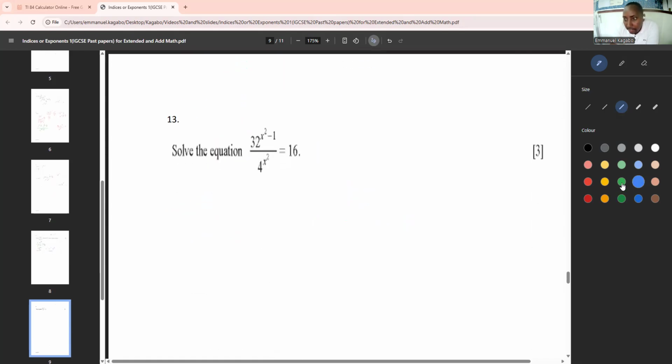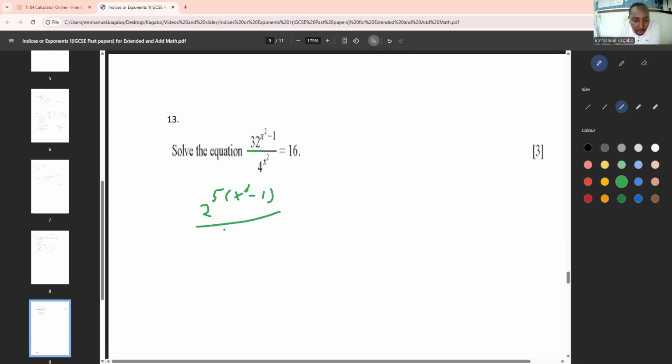Very good question here now. What do I have? So before I do anything, I have to make sure that this one and this, they're in the same base, and this one as well. Okay. Now, 32 is 2 power what, guys? 32 is 2 power 5. So bracket x squared, because they told you to solve the equation.